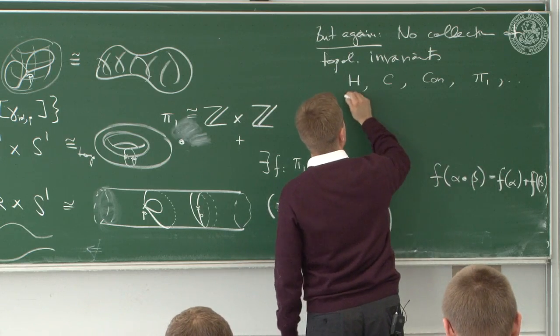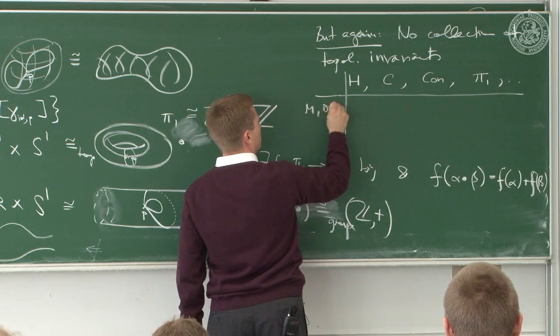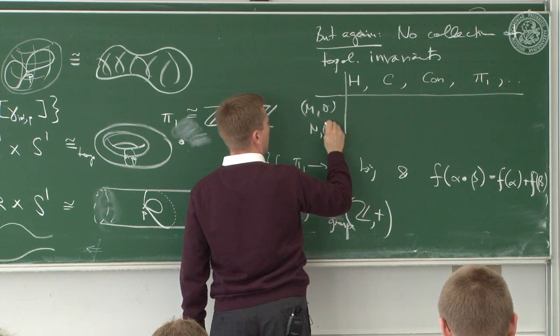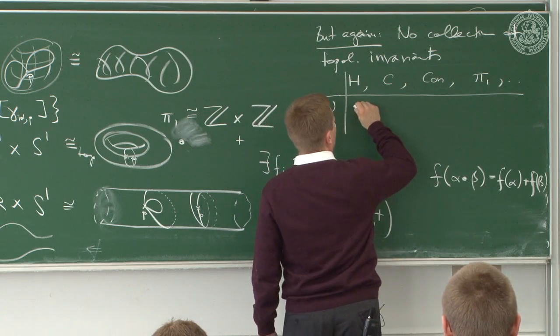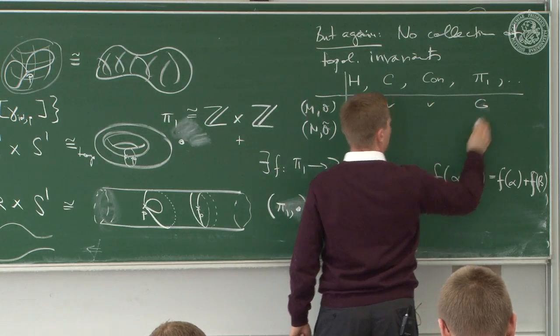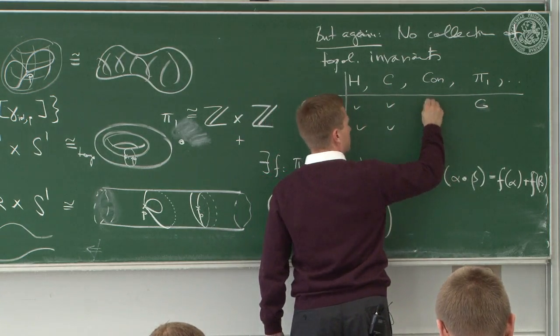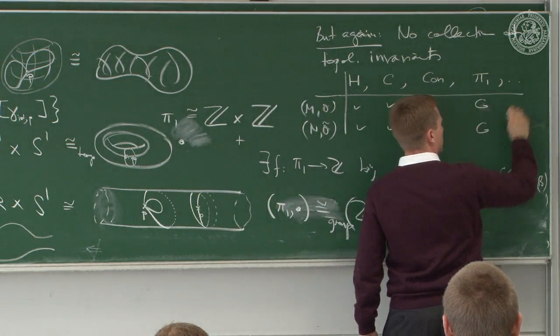No such list exists such that for two topological spaces M and N tilde, you could check if they're all the same. Say this is the group G, and this one has it, or doesn't have it, and it also has the group G and so on.